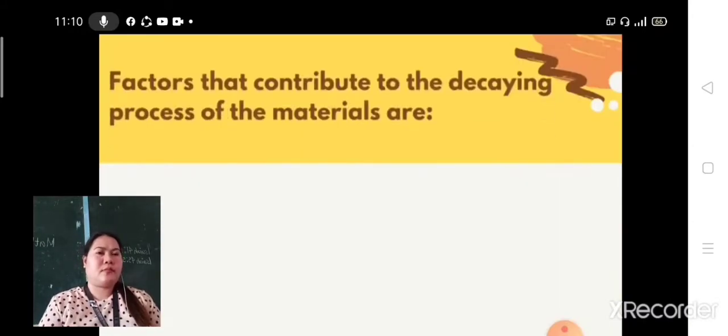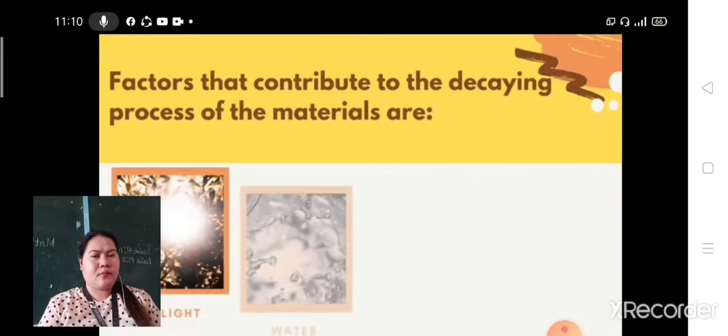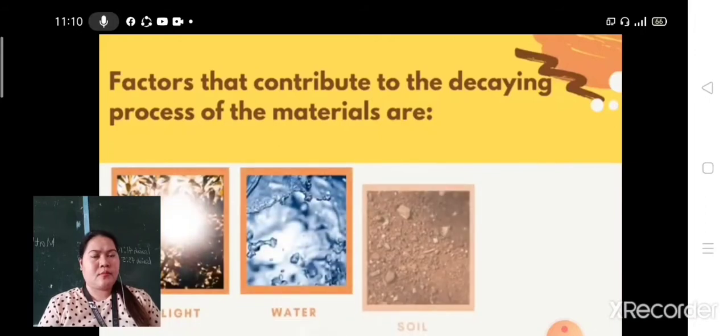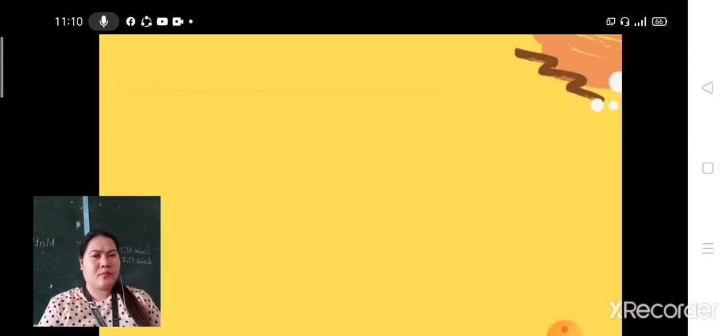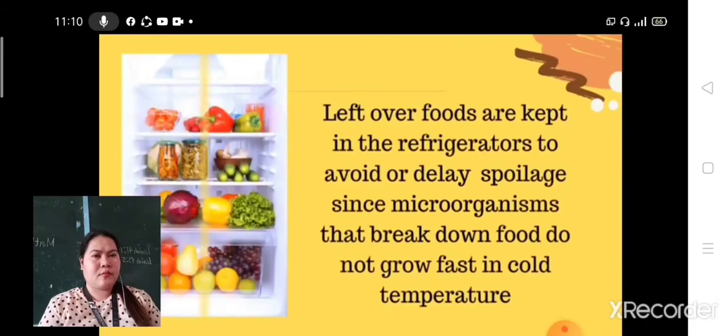The factors that contribute to the decaying process of the materials are sunlight, water, soil, and actions of microorganisms. Leftover foods are kept in the refrigerators to avoid or delay spoilage, since microorganisms that break down food do not grow fast in cold temperatures.